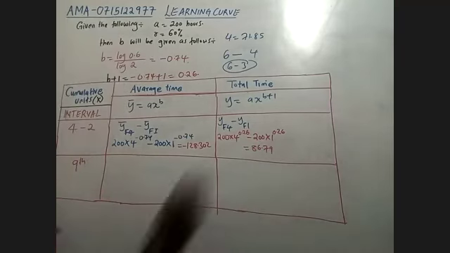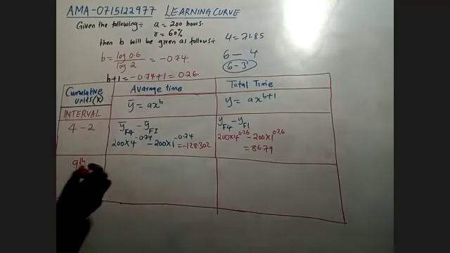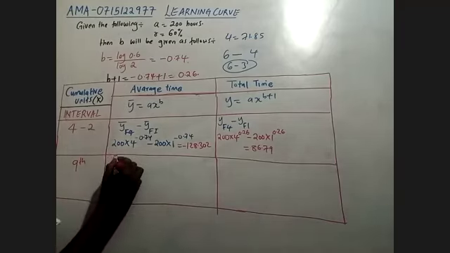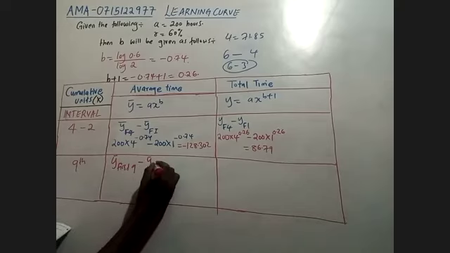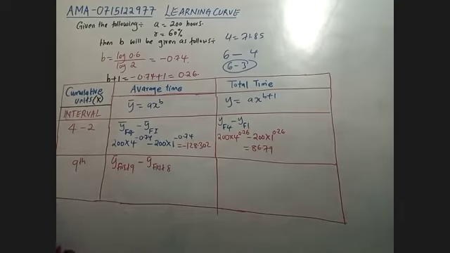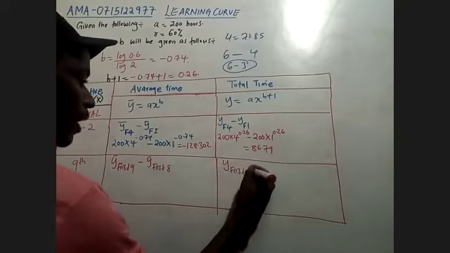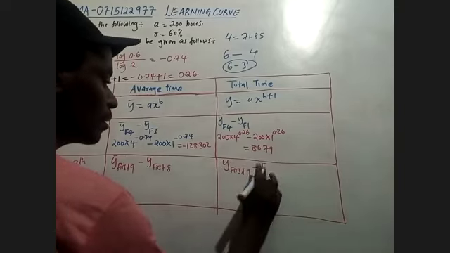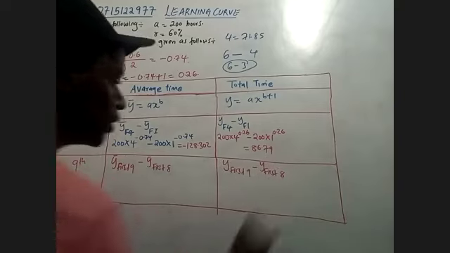Now let us continue. So I think that one is the answer for that one. If you are to find the 9th unit, you take the first 9 minus the first 8.